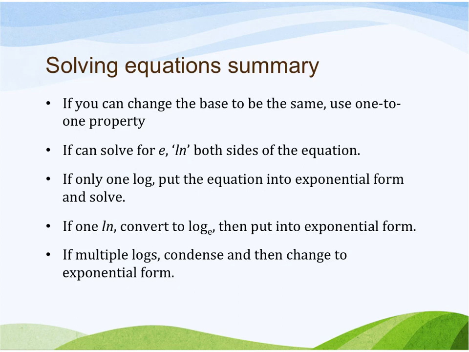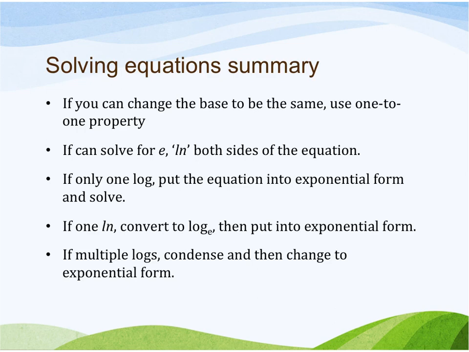If there's an e somewhere in your equation on the left side or the right-hand side, then you're going to end up taking the ln of both sides of the equation. If there's only one log, then you'll put it into exponential form and solve it. If there's only one ln, same thing, put it into log so that it's log base e, and then put it into exponential and solve it. And then the last one was the one that we just did.